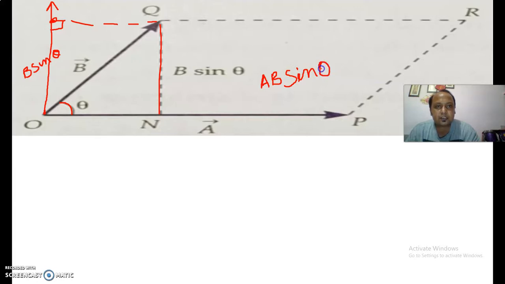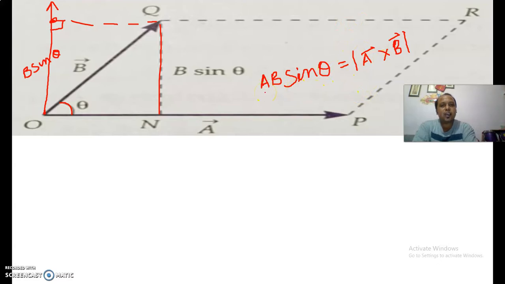So the area of the parallelogram will be given by AB sine theta, and we all know AB sine theta is the magnitude of vector A cross vector B. As you can see here, we have taken the magnitude of vector A cross vector B, using the modulus sign.